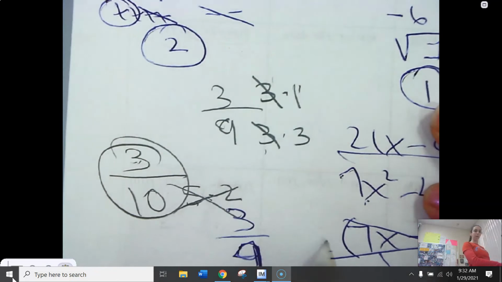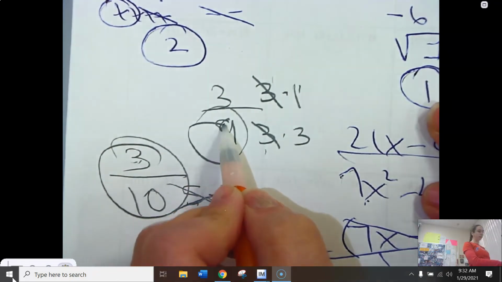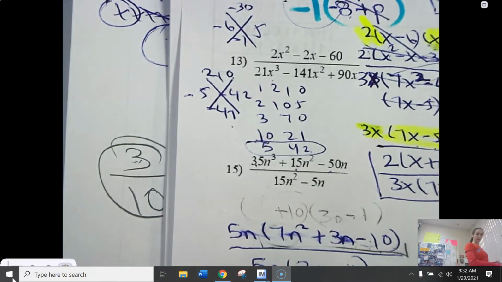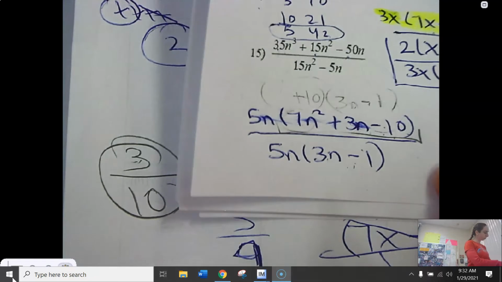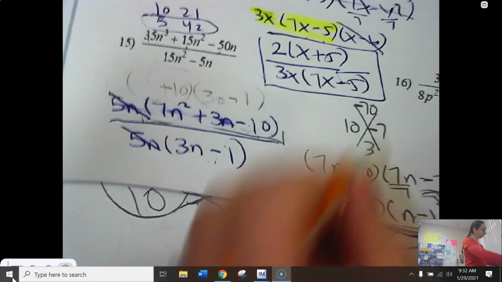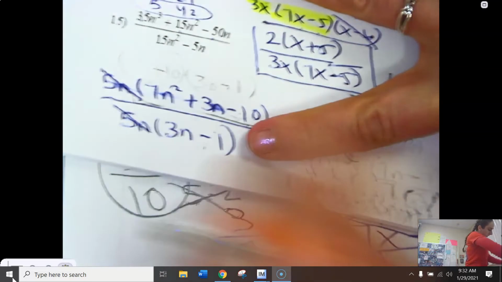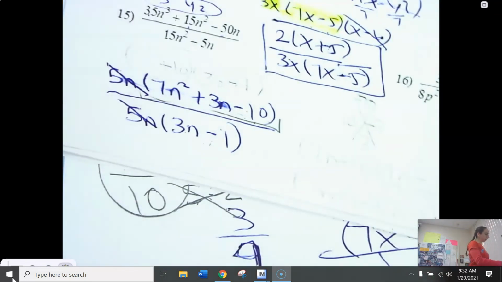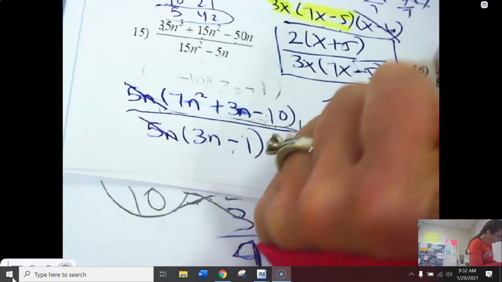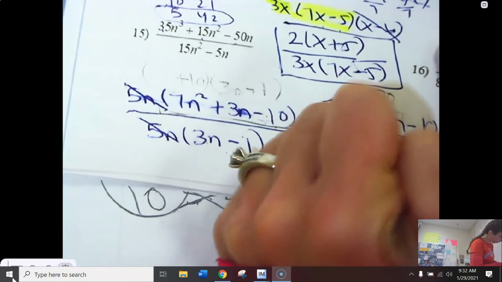It is important to actually, quote, factor the 9, because they would have something the same. All right? So then I go back to here, and I go, oh, these two are the same. And then I'm going to erase this pencil. And I'm going to write the final answer here. 7n squared plus 3n minus 10 over 3n minus 1.